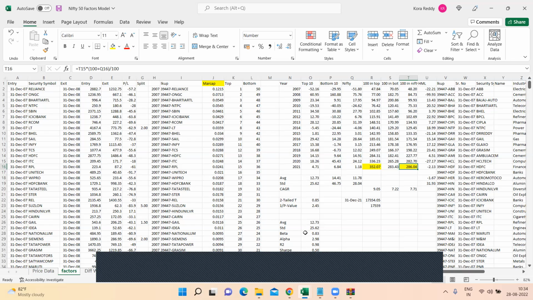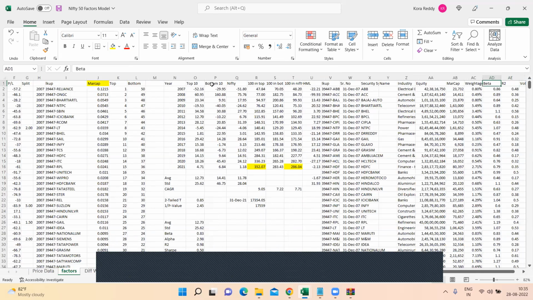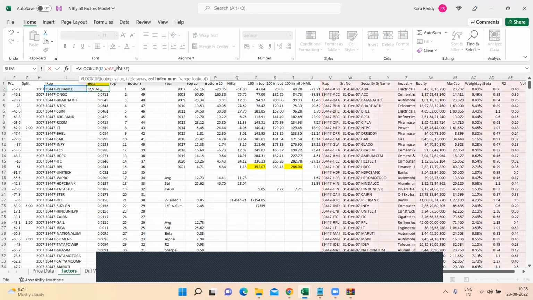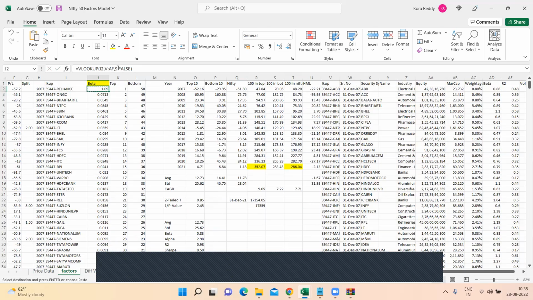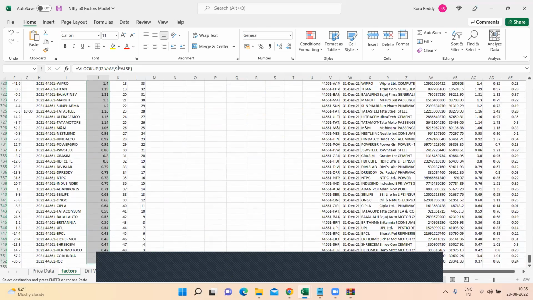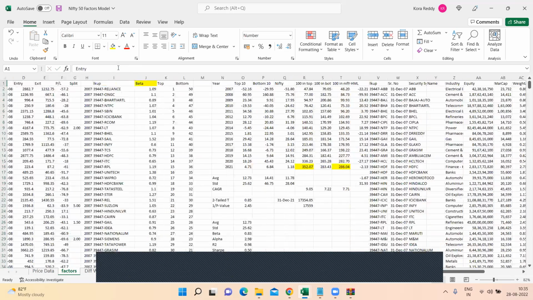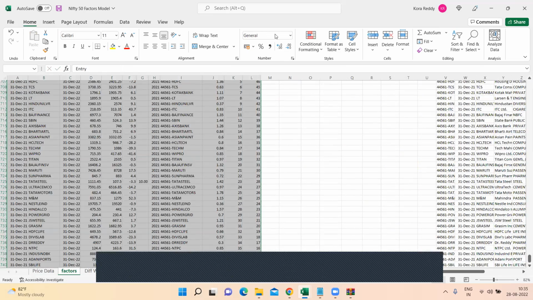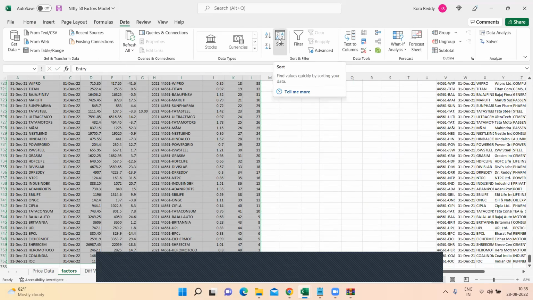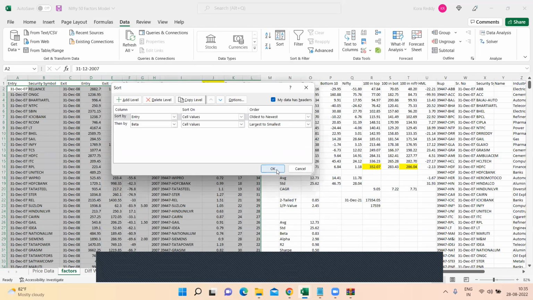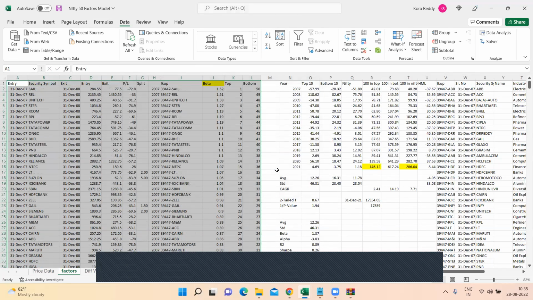Now, what you can do is you can keep repeating this exercise for all the factors, right? After market cap, what is the next factor? Beta. Beta is 9. Sort by largest to smallest.